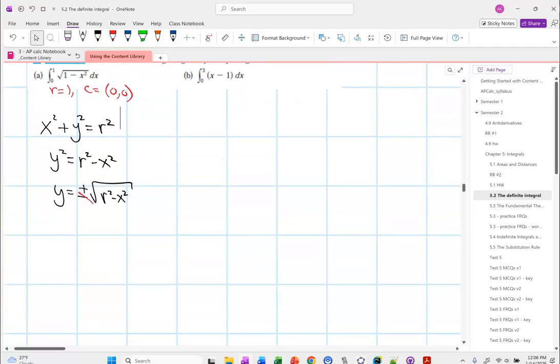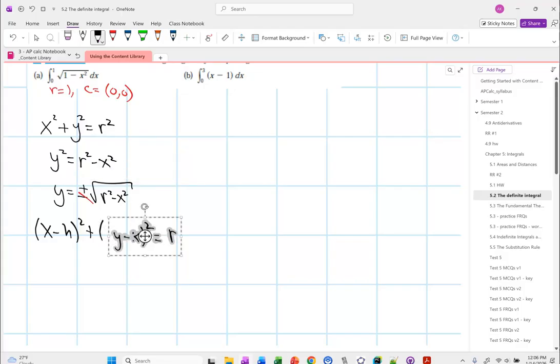Because Anthony remembers that the general graph of a circle with center h comma k is this. Because there's nothing being subtracted from the x or added outside of the square root, we know that the center's just got to be 0, 0, right?